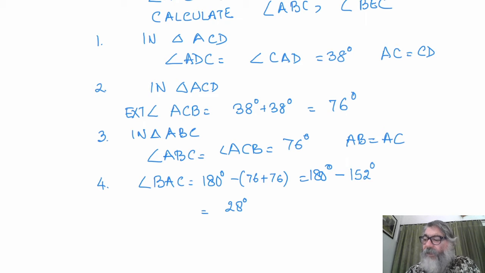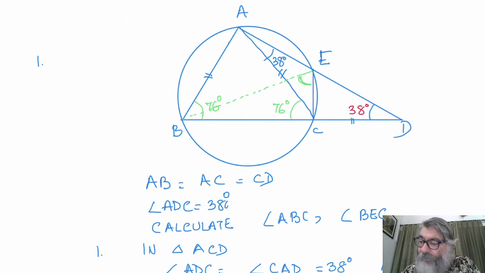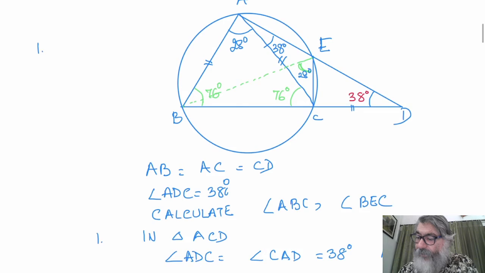These are little things which may help you in your calculation. Now once I have got this angle as 28 degrees, this angle will also become 28 degrees. Angles in the same segment of a circle are equal.